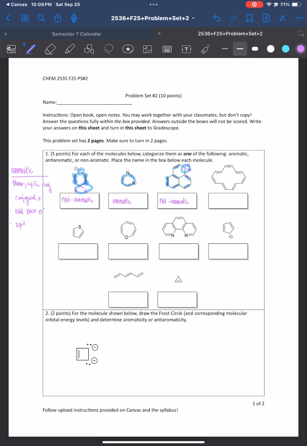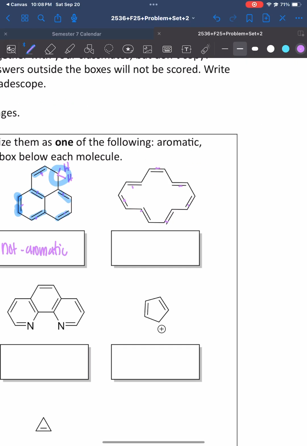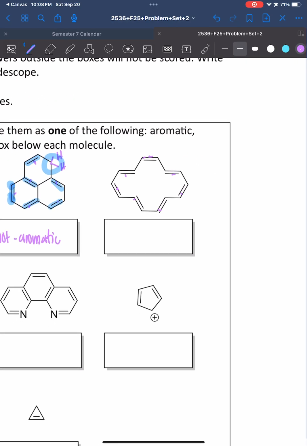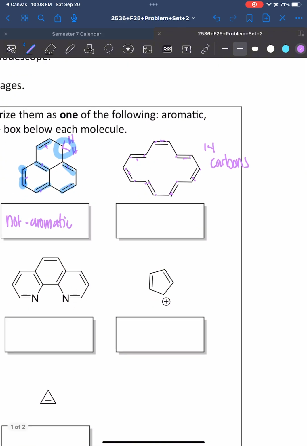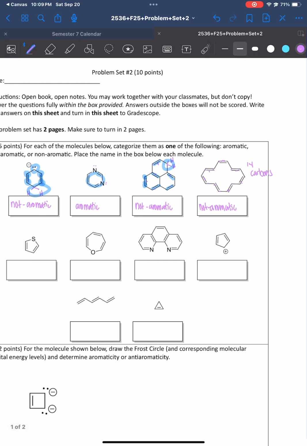But the important thing to keep in mind here is if we count the number of carbons, 1, 2, 3, 4, 5, 6, 7, 8, 9, 10, 11, 12, 13, 14. 14 carbons, which means that in order for this molecule to assume a very stable state, it's going to pucker of some sort. So this is going to be not aromatic because the number of carbons is way too big and it's not going to be planar.